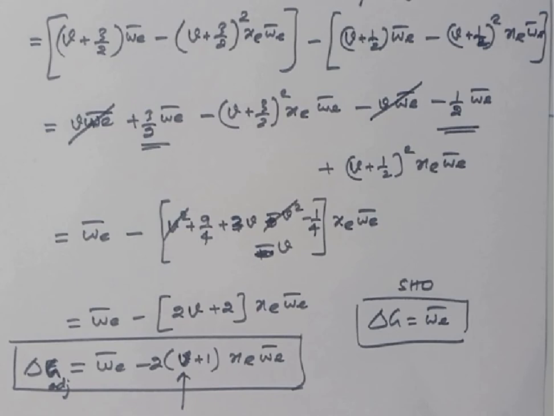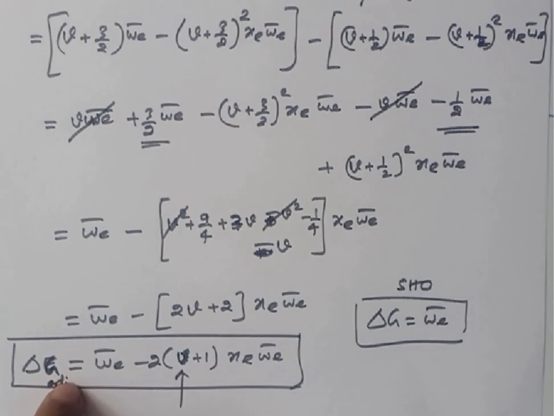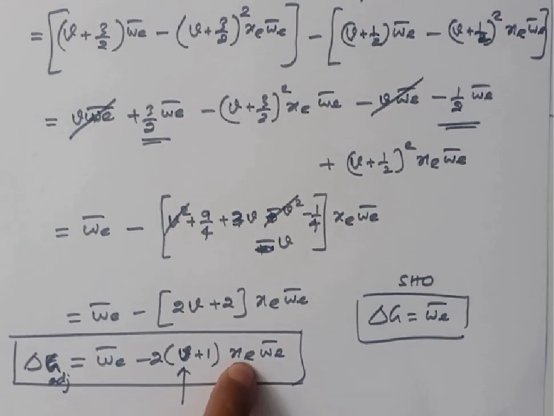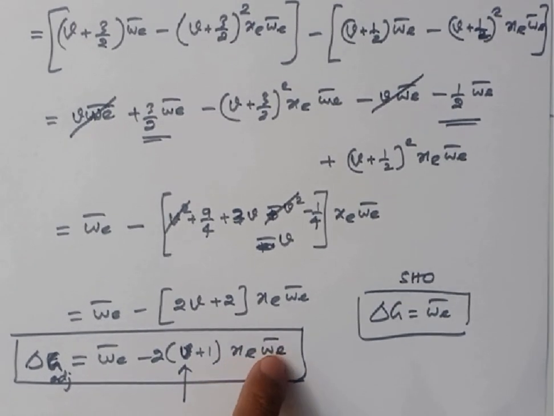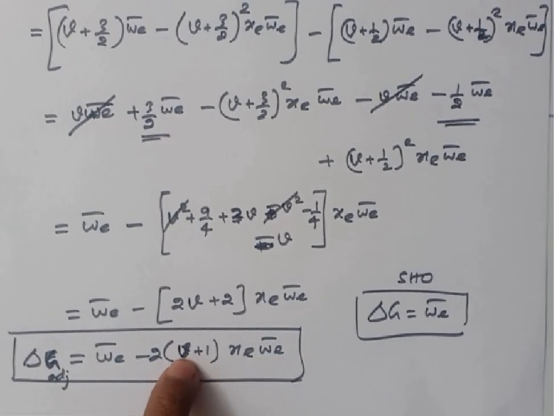Take down. Remember these formulas. Very, very important. What is the energy gap between adjacent levels in the case of an anharmonic oscillator? Xc is called the anharmonicity constant. Omega E bar is the equilibrium vibrational frequency of the bond. V is the vibrational quantum number.